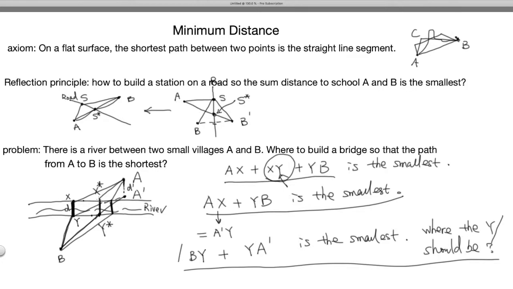And the trick of solving this problem is, again, an equivalent transformation of the original distance AX to A prime Y by building a parallelogram. This is, in spirit, very similar to the reflection principle: change the distance to another distance, and the problem becomes a much easier problem to solve.